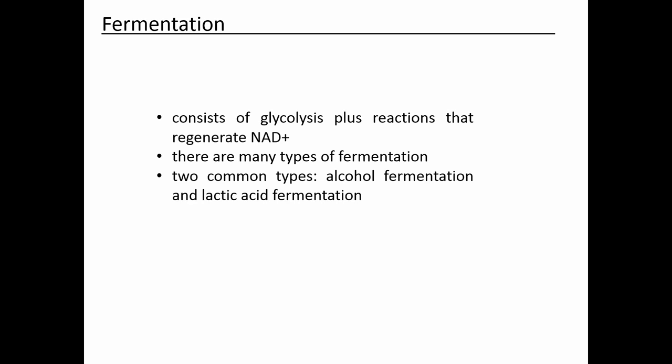Okay, so what happens in fermentation is you're going to start with glucose. And during glycolysis, so this represents glycolysis, you're going to take that glucose and break it down into two pyruvates. Also, you already know that during glycolysis, you're going to produce 2 ATP, and you're also going to produce 2 NADHs.